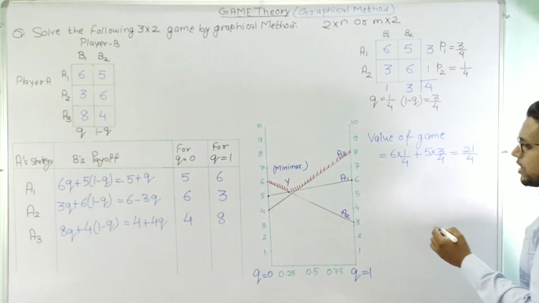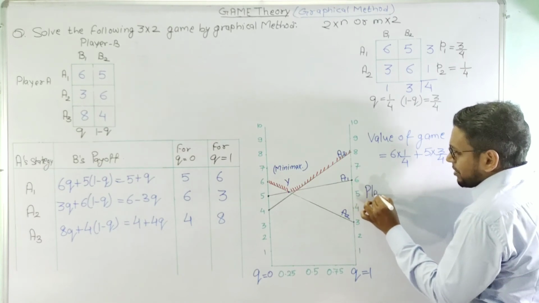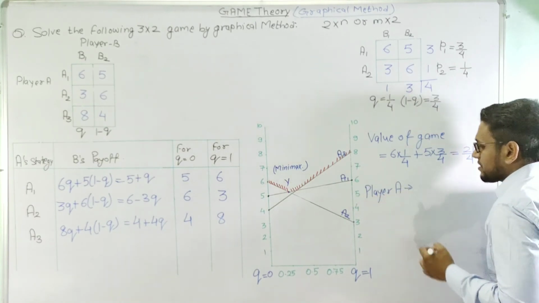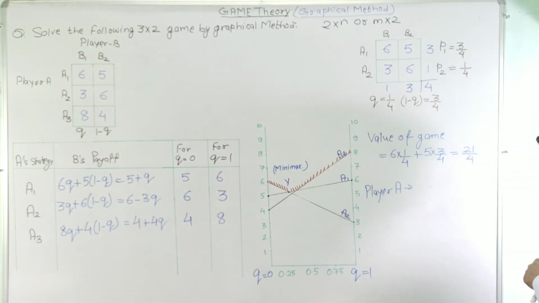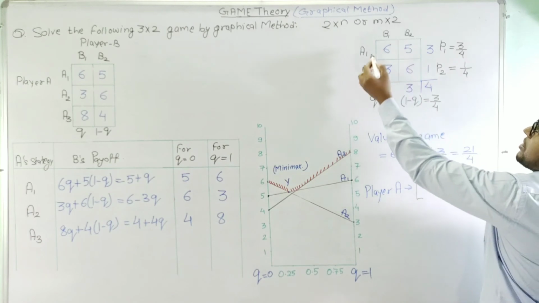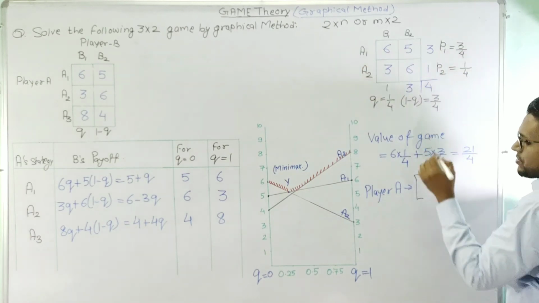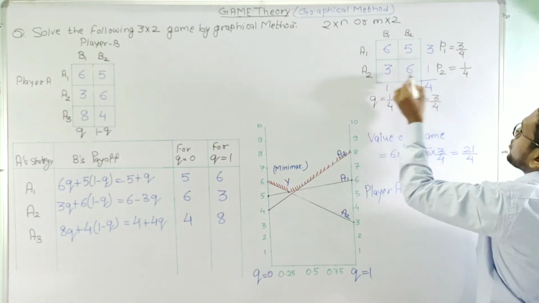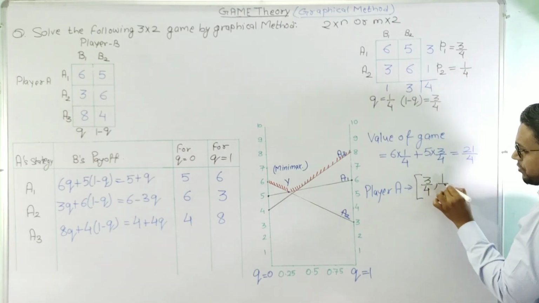We can also write the optimal strategies for player A and player B here. The optimal strategies for player A can be given as: player A will play A1 3 by 4 times, so this is 3 by 4. Player A will play A2 1 by 4 times, so this is 1 by 4.